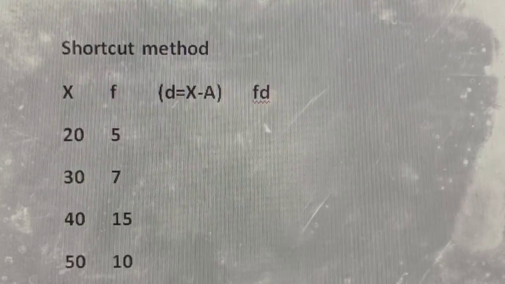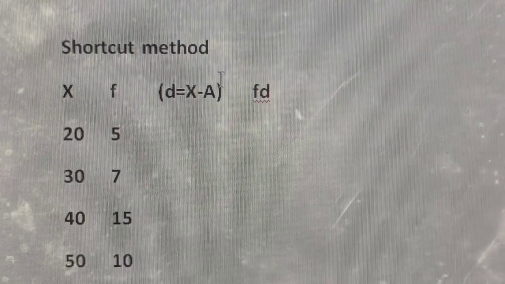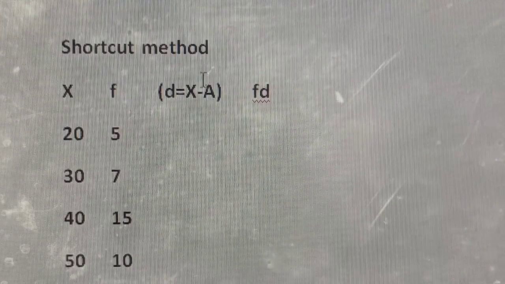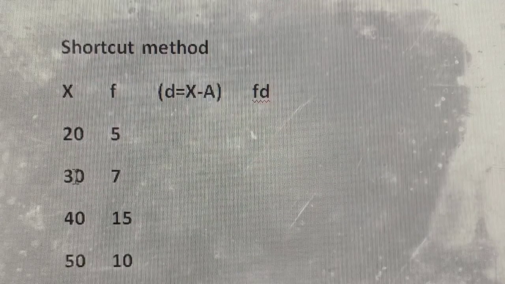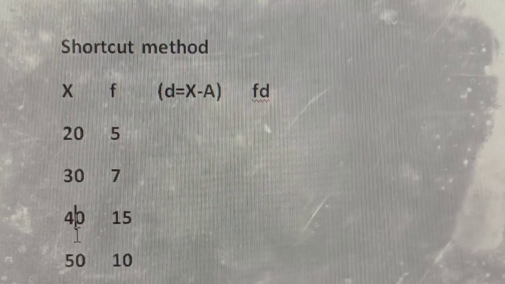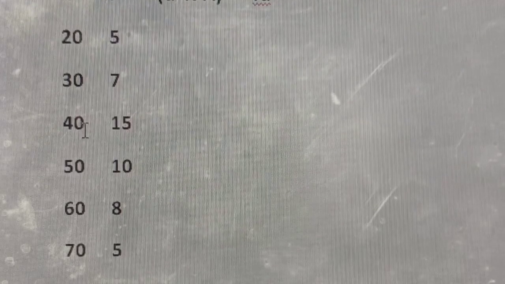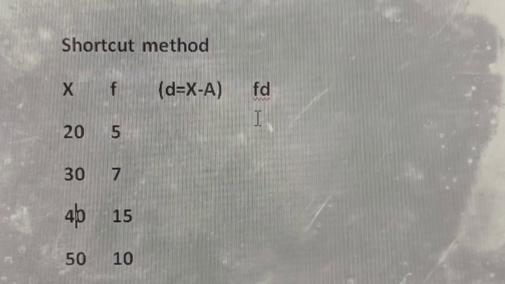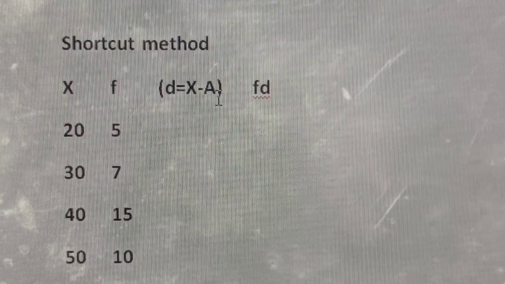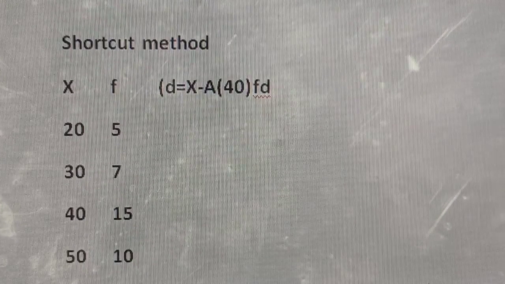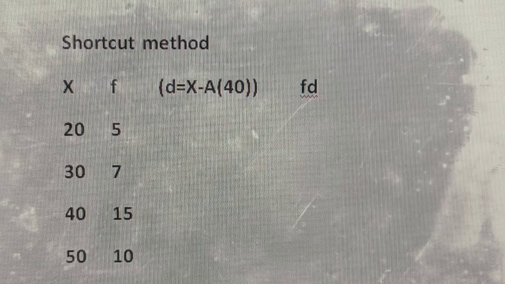Now d equals x minus a, so we have to take one assumed mean, from the values of x. Let's take the middle value, which lies between 40 and 50. From 40 and 50 we take one value, so let's take a equals 40.